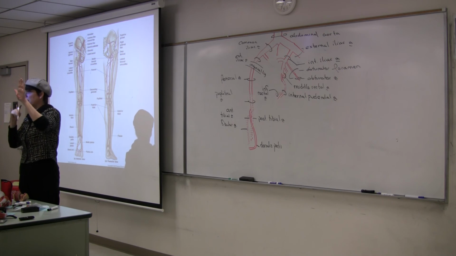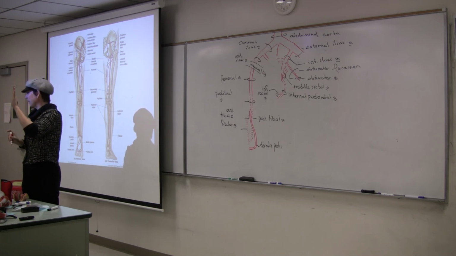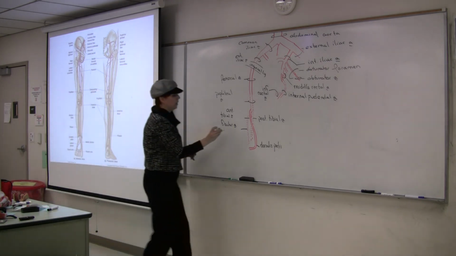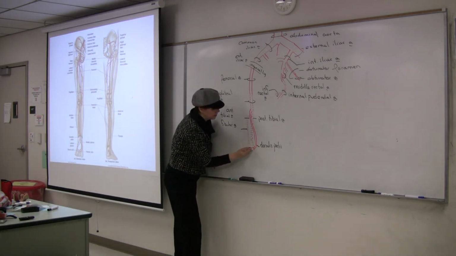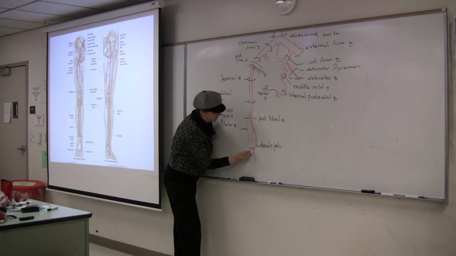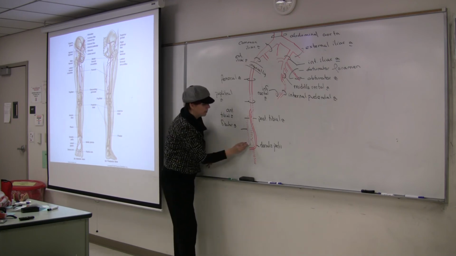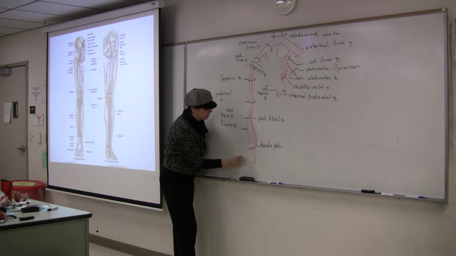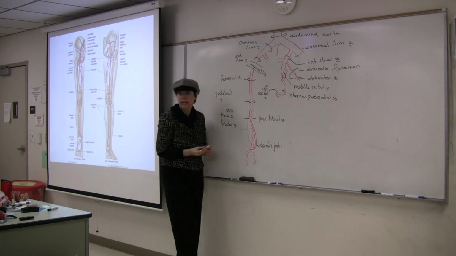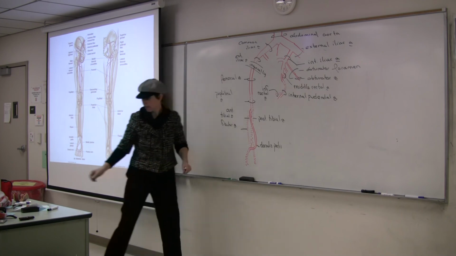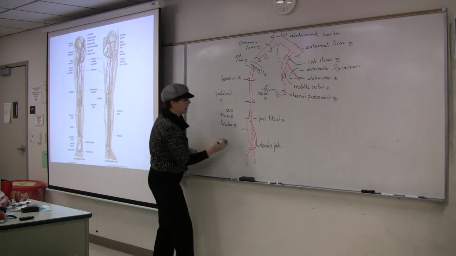So we're going to have one artery coming to the bottom of the foot and then 2 branches off of that one artery. Okay? So posterior tibial artery going to the big toe is medial plantar. Posterior tibial artery going to the little toe is lateral plantar. Okay? And that's the lower extremity.